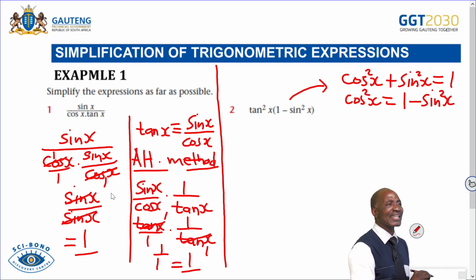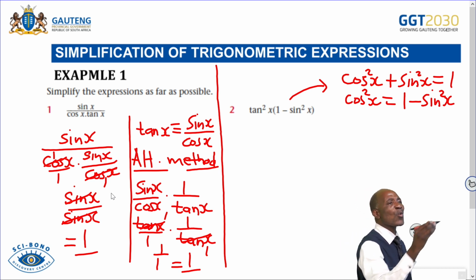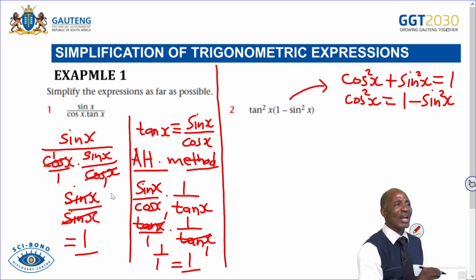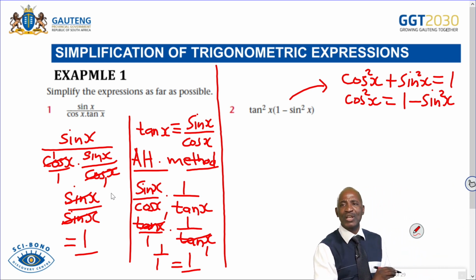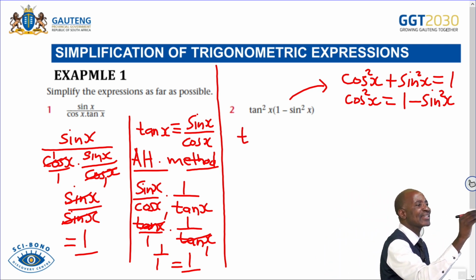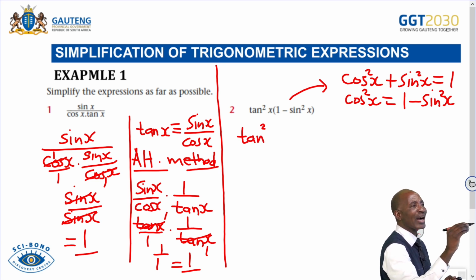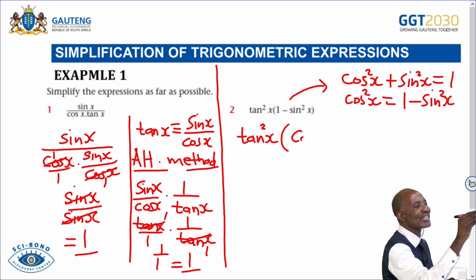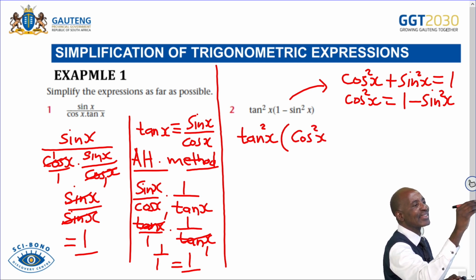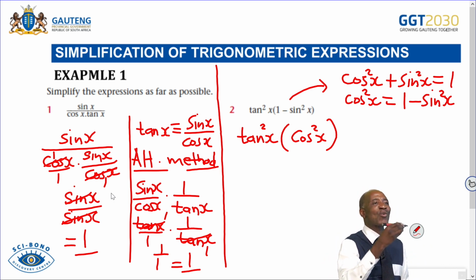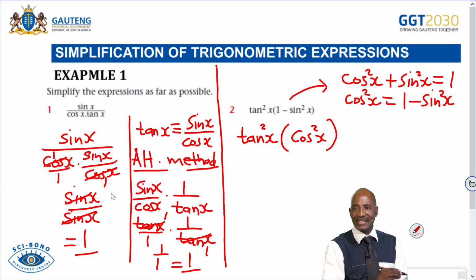I have options here. Where I see 1 minus sine squared x, I'll replace it and put cos squared x because they are equal. Then I proceed and say tan squared x for now, I want to tamper with that, times cos squared x. This is what we mean by substituting with an equivalent form of it.